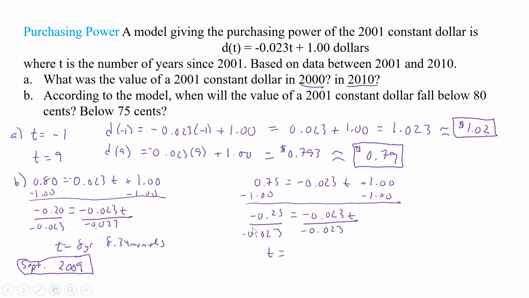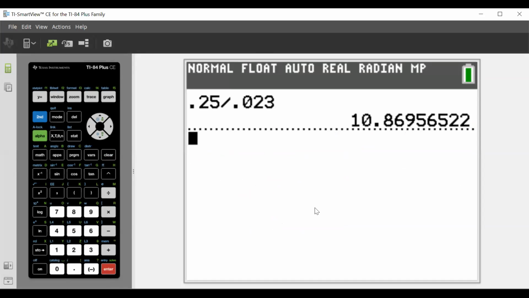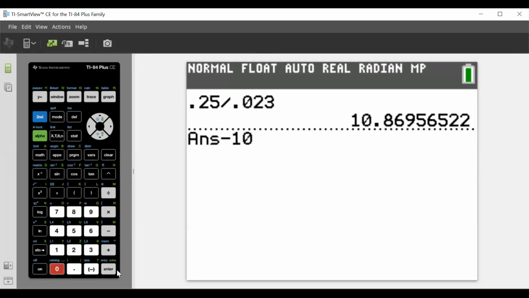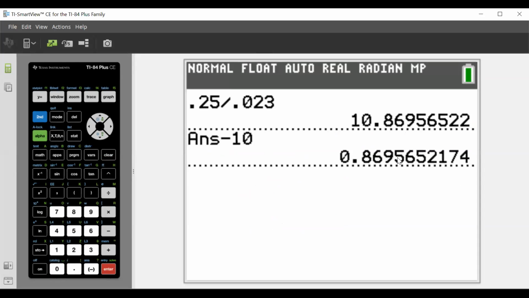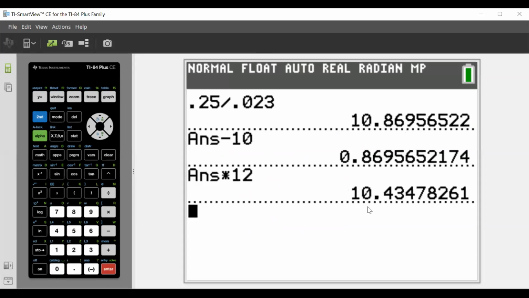Now remember, negative divided by negative is positive, so we don't have to worry about those signs. And what does that give us? 10 years. And if we subtract off 10, and that many months out of a year, we have to multiply that by 12. So it's going to be 10.43 months.